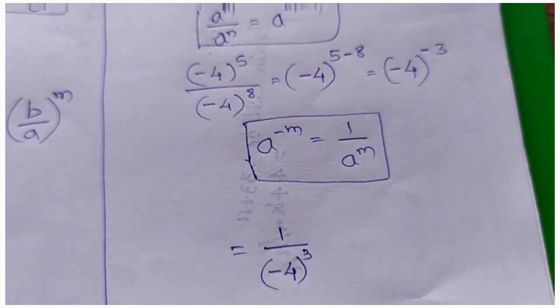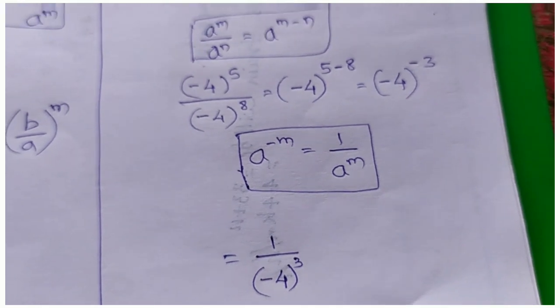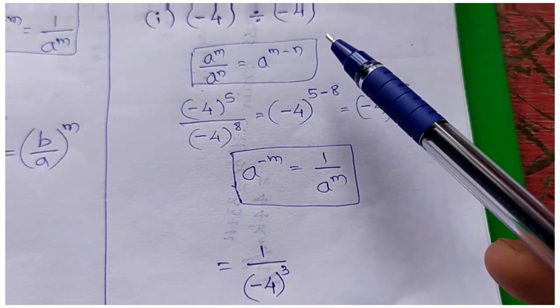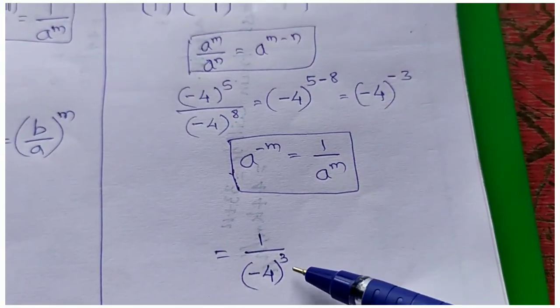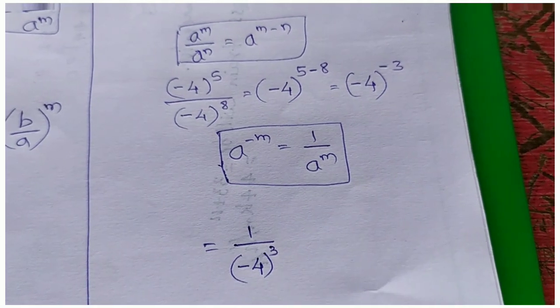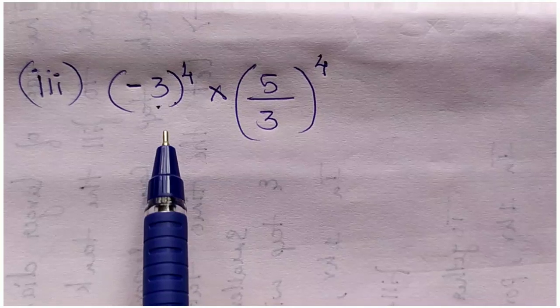Okay, or else you can say 1 by minus 4 cube. Understood? So using the law of exponent we have simplified given problem in the power of positive integer, that is here 3, power is 3. Second one for your practice, here third one I am solving.